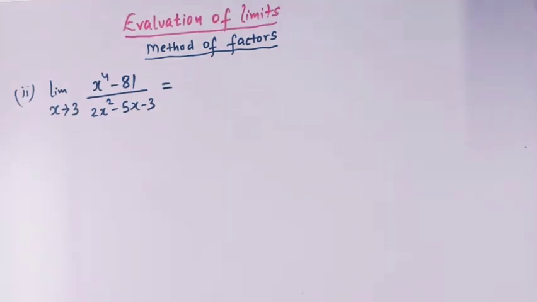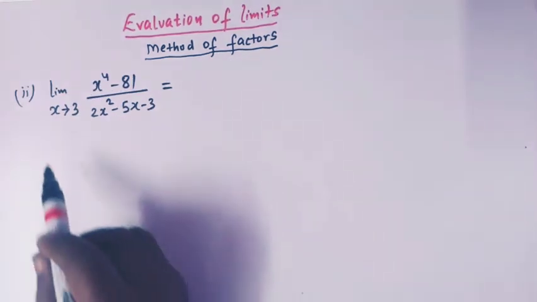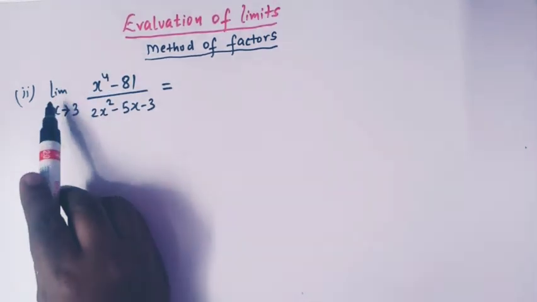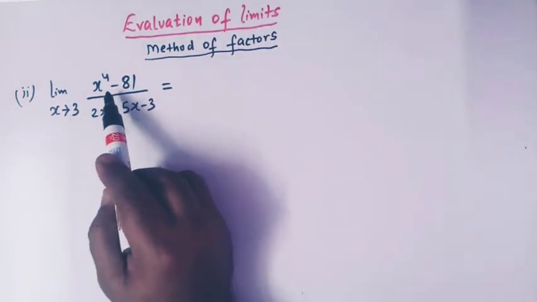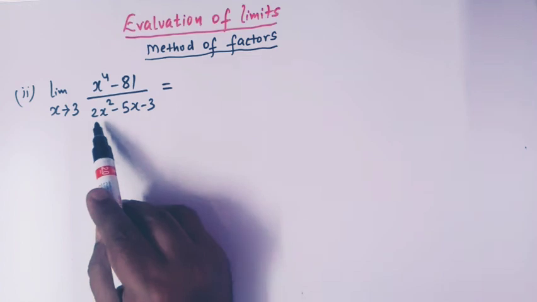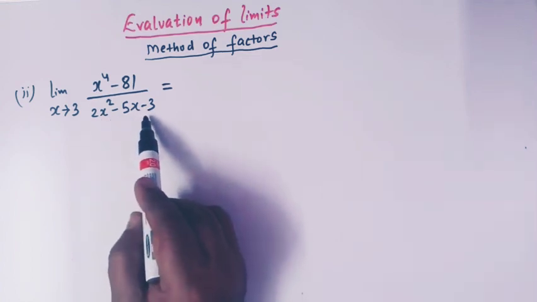Now let us take this example. Here we have to evaluate limit x tends to 3, x raised to 4 minus 81 divided by 2x square minus 5x minus 3.